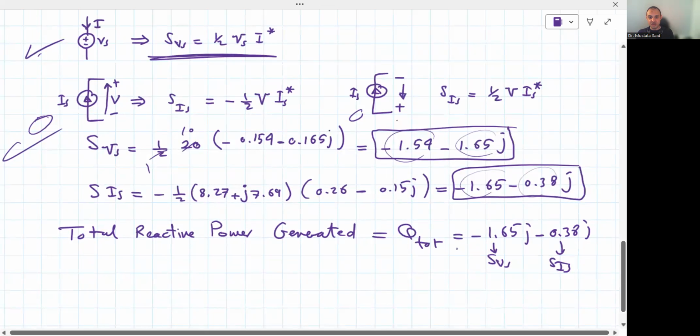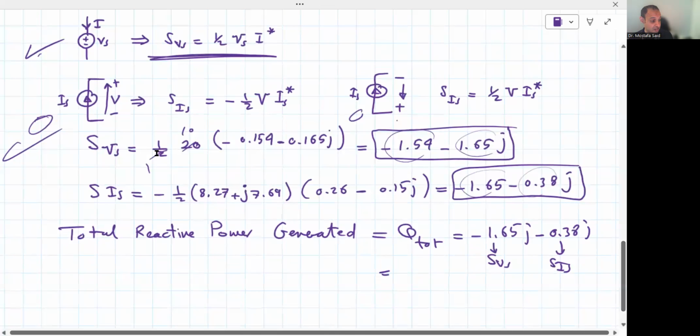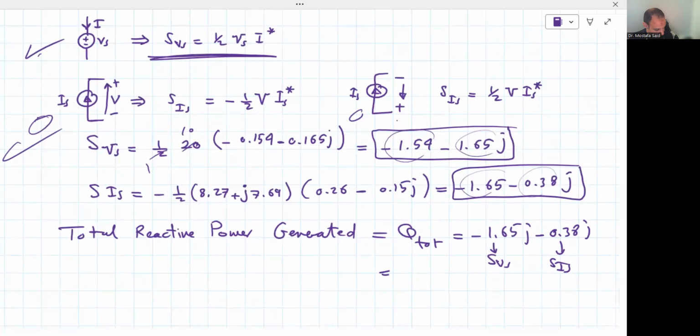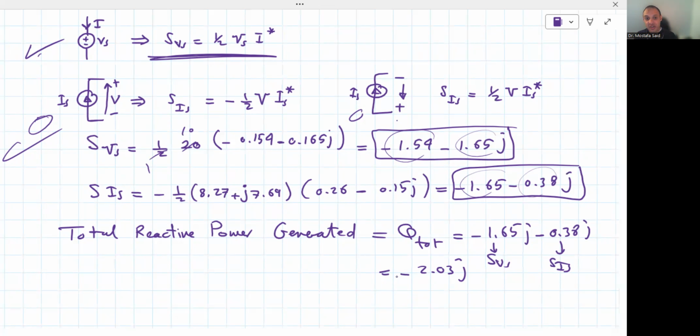You take it with its sign, whether positive or negative. Let's add them together. It is minus 2.03j.